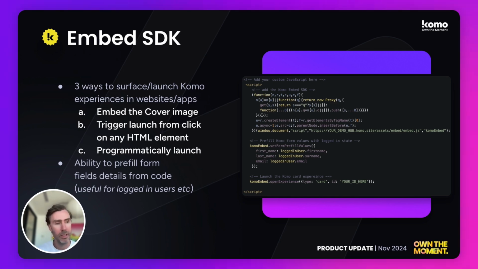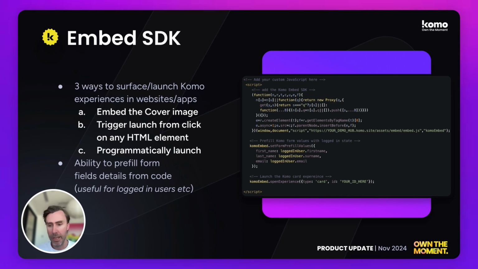So this will be things like after you've been on a site for more than 30 seconds, or as you go to exit the tab, or after you've performed a specific set of actions. And so this just allows our customers to have far more control of how experiences are surfaced and launched in their own properties.